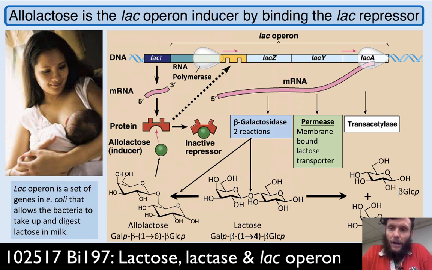There is lac Z, lac Y, lac A, these different proteins. One of the proteins is a beta-galactosidase, the protein we just talked about that breaks down lactose into galactose and glucose. There's a permease, an enzyme that gets the sugar into the bacteria. There's a transacetylase, which we don't need to worry about. The important one is the beta-galactosidase.